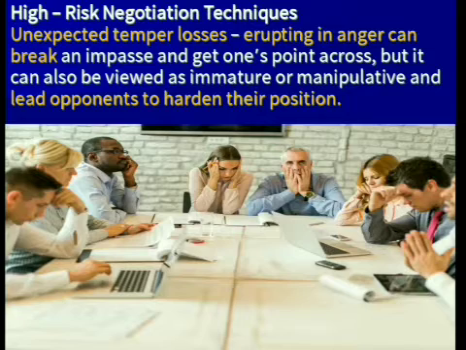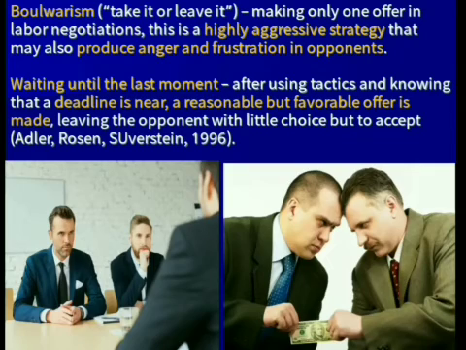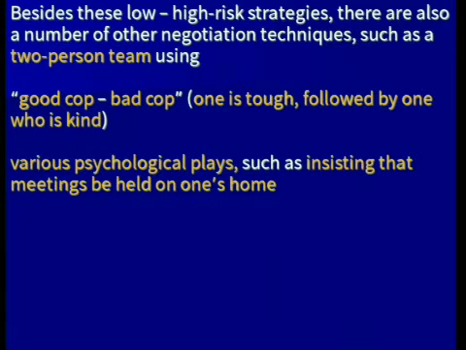The second one is high-risk negotiation techniques, where unexpected loss of temper, erupting in anger, can break and lead opponents to be angry. Bulwarism. This is a highly aggressive strategy that may also produce anger and frustration in the opponent. Good cop and bad cop, that means a tough party followed by a kind party.